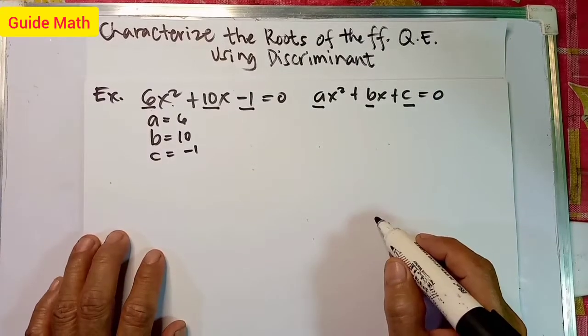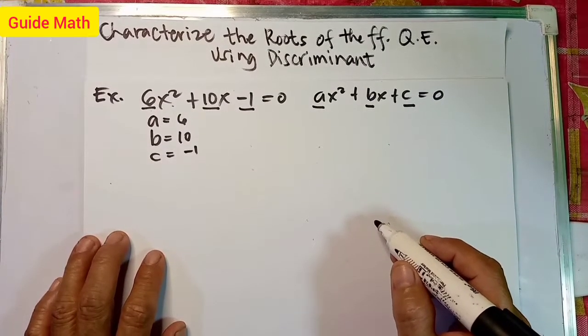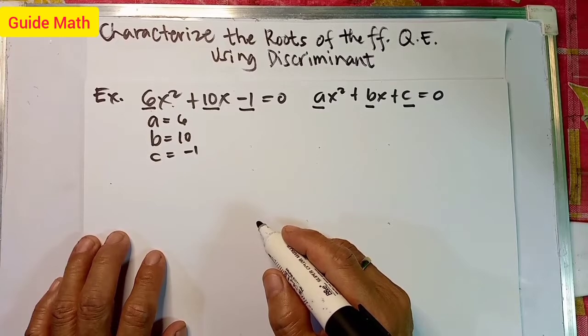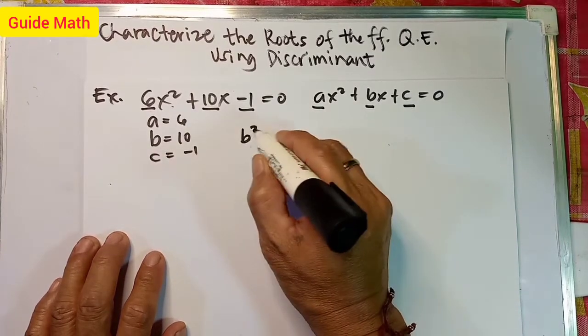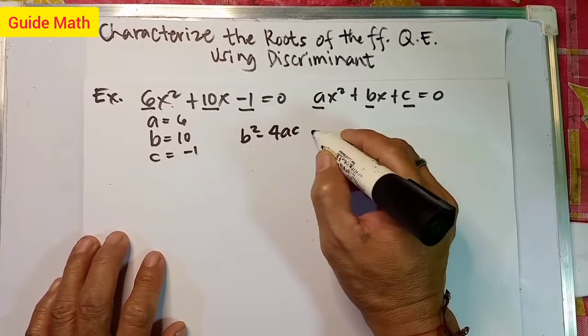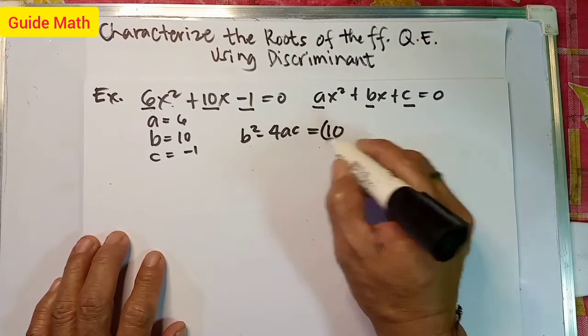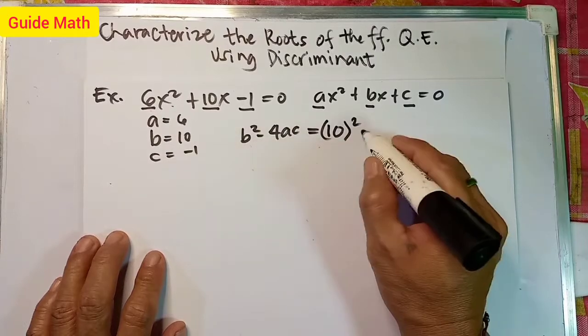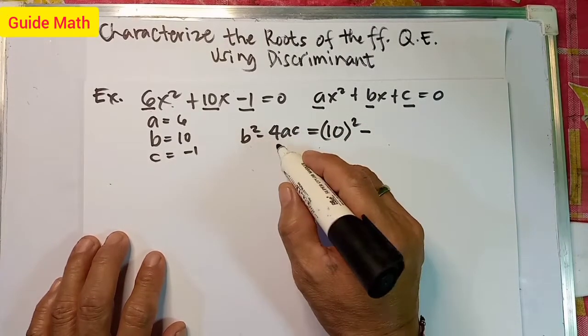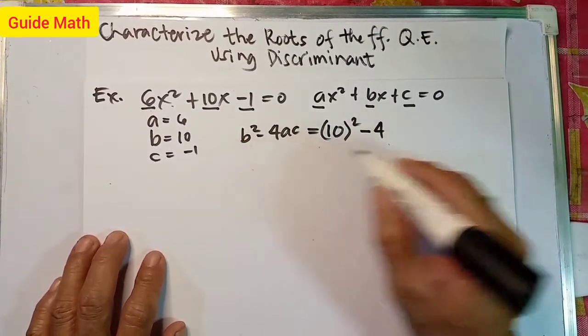Okay. And again, we need to use our formula for the discriminant, which is b squared minus 4ac. Our b is 10, so that is 10 squared, minus, then 4, constant, 4 palagi yan.